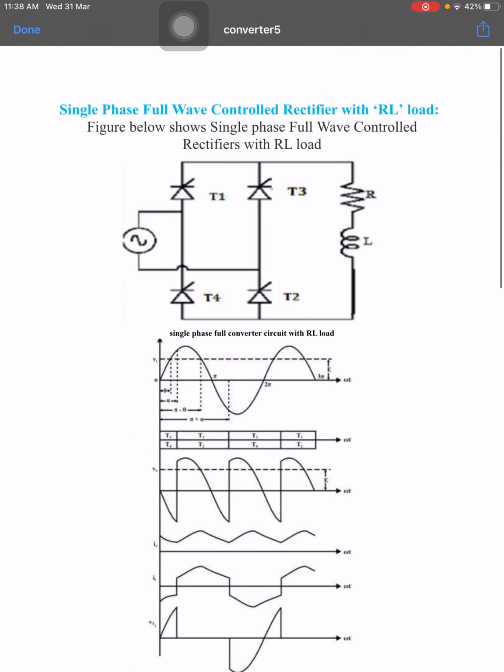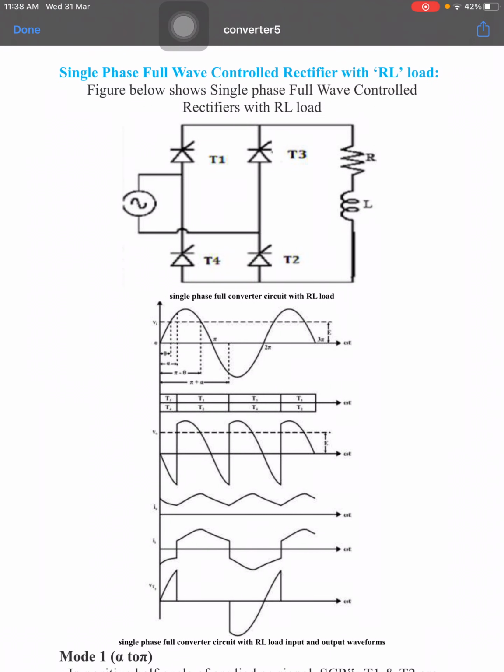So these are the modes of operation. The modes of operation depend only upon the limits. Here we are done with two positive half cycles and two negative half cycles, which is why we get four modes of operation. See the waveform. Mode 1 is alpha to pi. Mode 2 is pi to pi plus alpha.